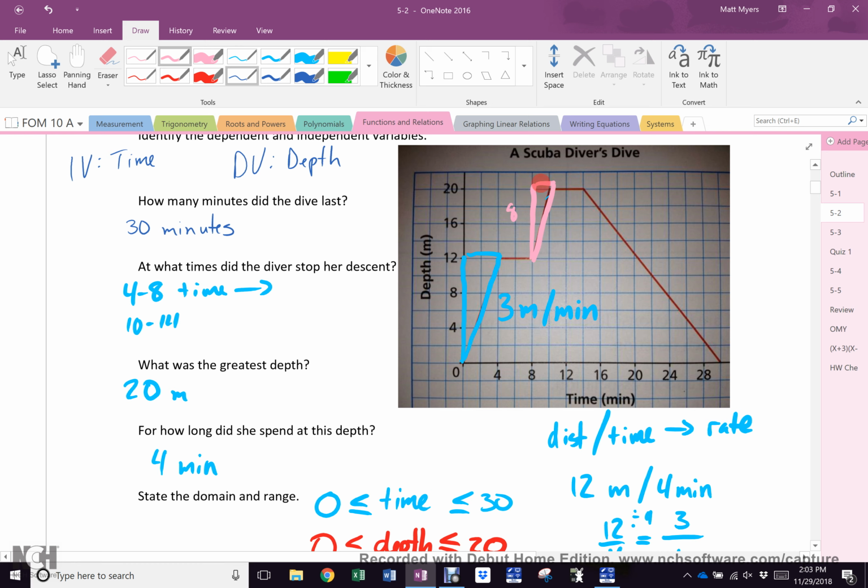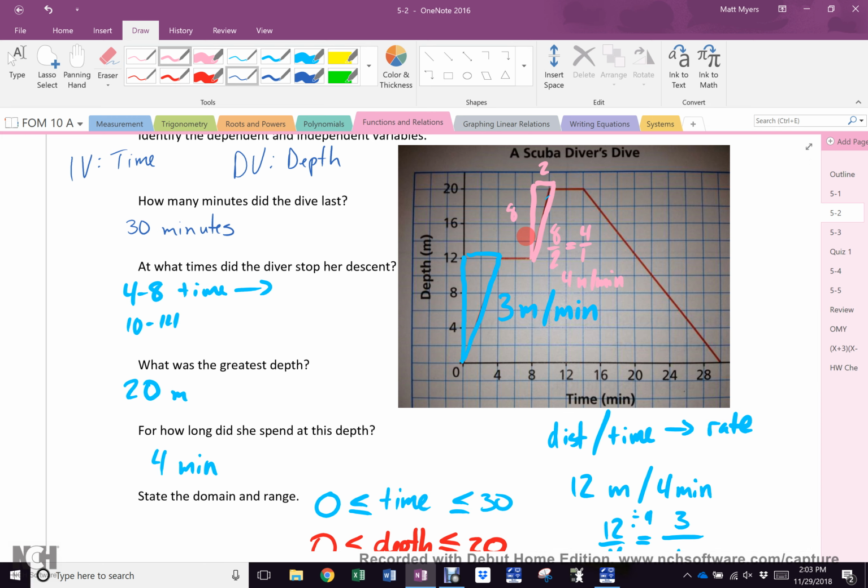In how many minutes? 2. So this part was 8 over 2, which is really 4 over 1. So she was going 4 meters per minute. And you will notice that the line is steeper. Why? Because I'm covering more distance in less time. Does everybody get it? All right.